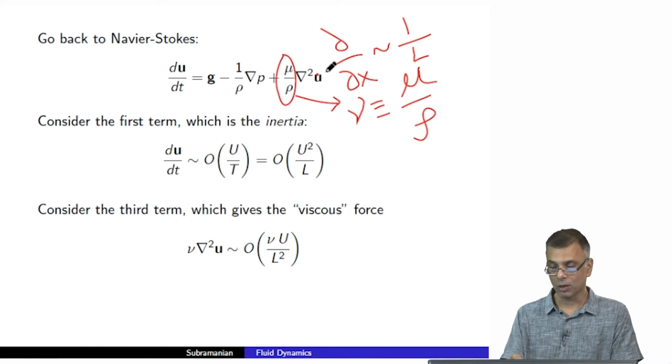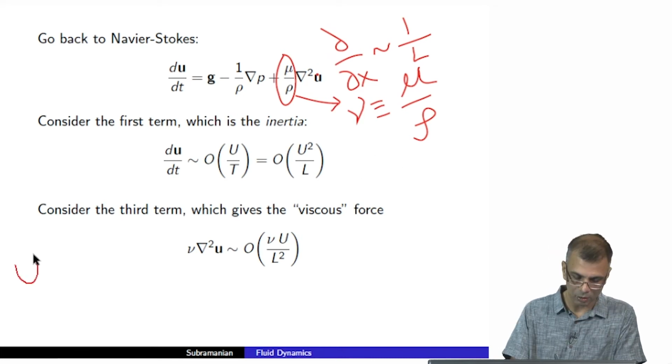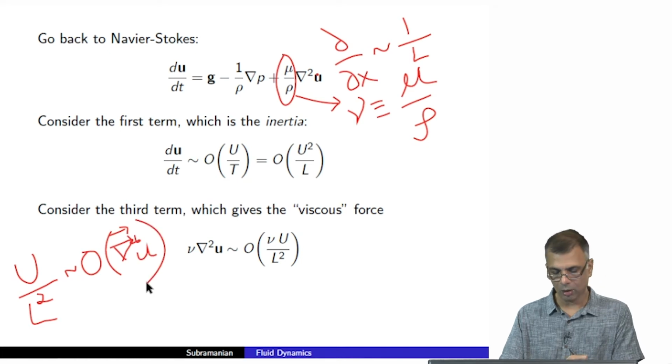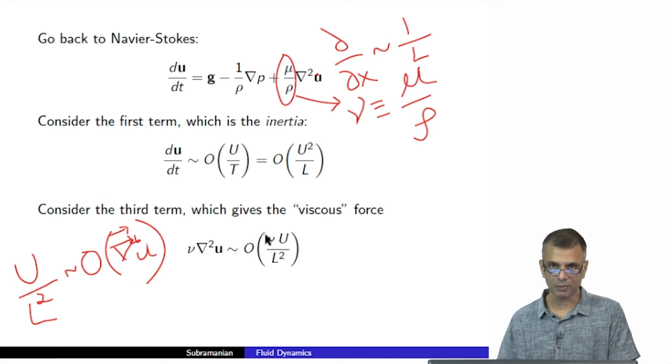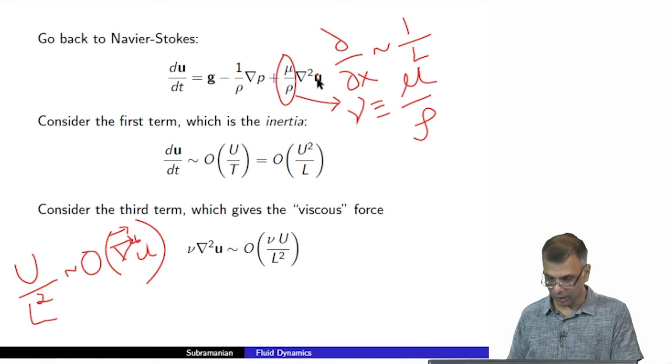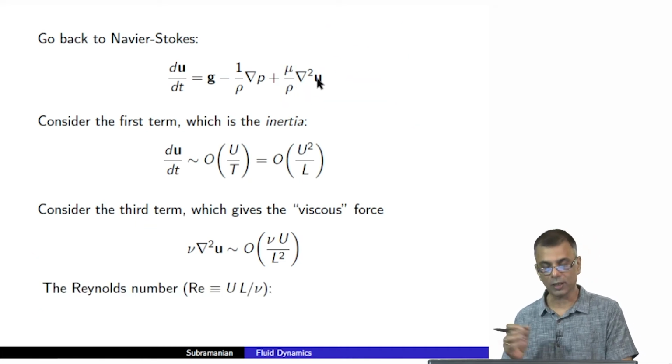So it is essentially U over L squared, and the nu I simply keep as it is. So this is the order of magnitude of the third term, and you already guessed it.